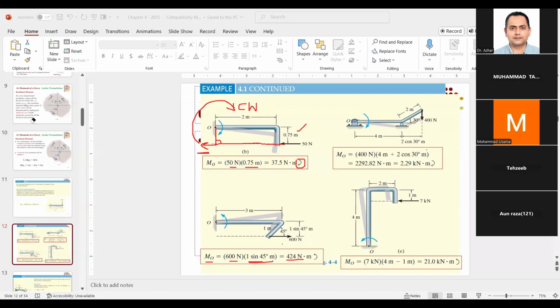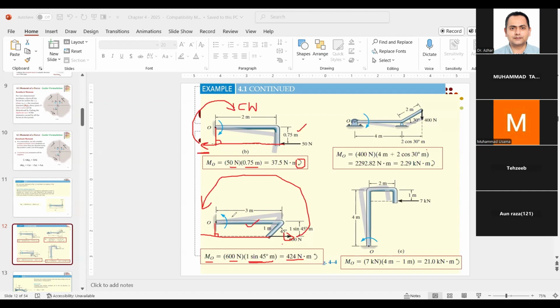Now look at the direction. If you extend the line of action of the force, and this is the perpendicular distance right here, what is this direction trying to do? This direction is trying to rotate like this, about the point, whatever is this object.